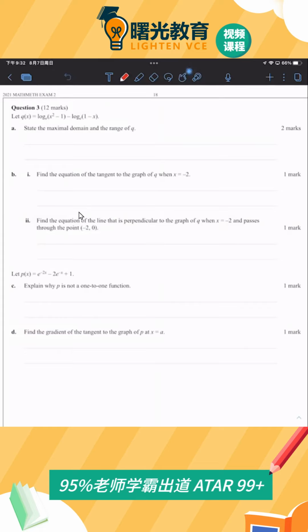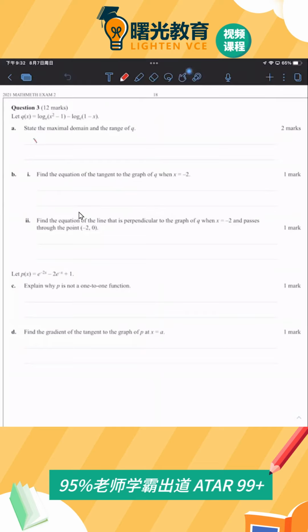Although this question is worth 2 marks, it is 1 mark for the domain and 1 mark for the range. You can consider that it is a composite function. Though it's just one function minus another one, we still have to make sure our domain is the intersection of both components' domains.